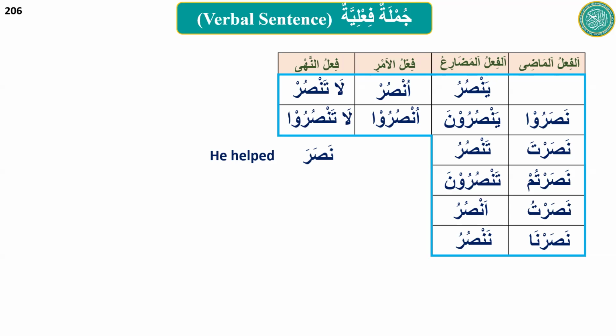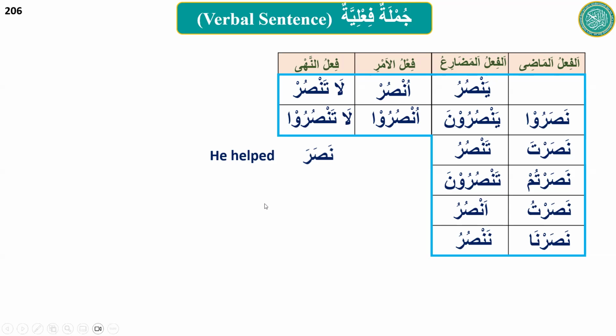Okay. For a jumla to be called jumla fi'liya, it needs to have two basic things in it. Remember these two: a doer and the verb. Doer in English, in Arabic is called fa'il.